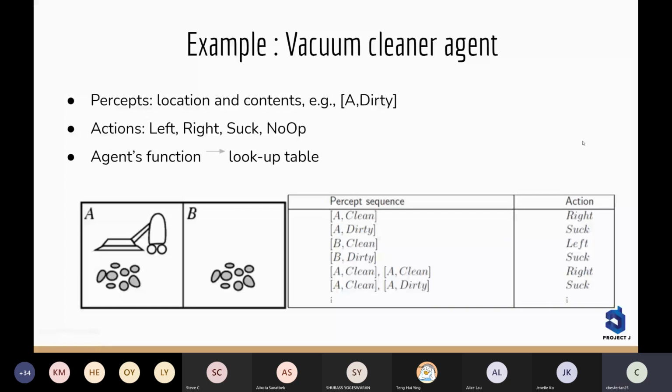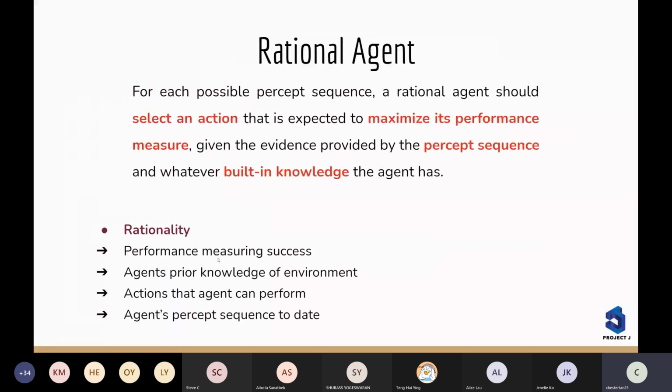Okay, and the rationality of the agent is also based on the actions that the agent can perform. For example, you cannot call an agent to do something which it is unable to perform, which is restricted, constrained by its actuators. For example, you cannot call an agent to fly if you don't give it wings, right?